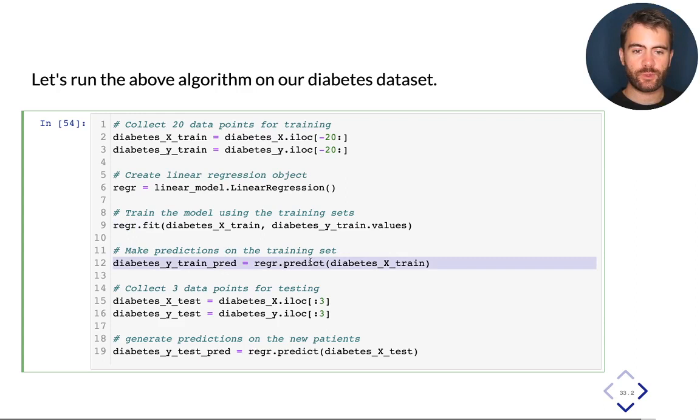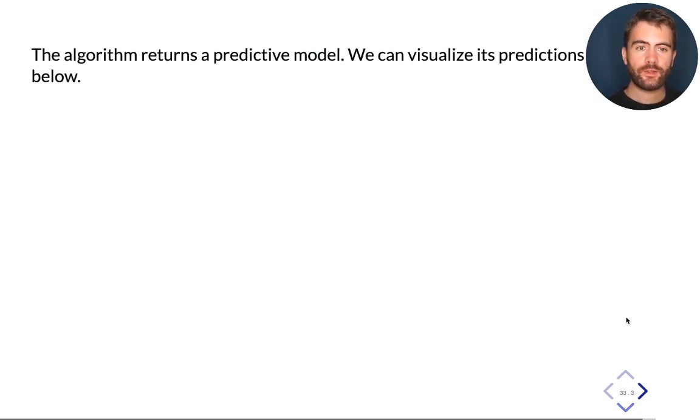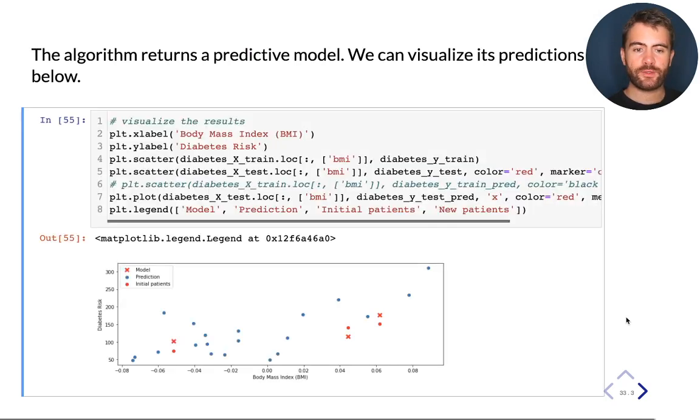Here I generate these predictions, both on my training set and also on 3 data points that were not part of the training set, which I'm calling the test set. And here I generate predictions from them as well. And now I can visualize these predictions as follows using scikit-learn.